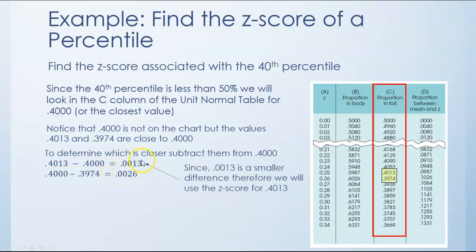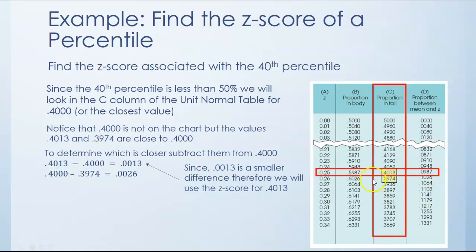Notice that this number is smaller than this number. That means we're going to use the 0.4013 as our value because it's the closest to the 40th percentile.